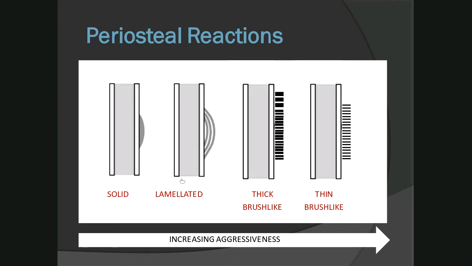So we're looking at something like a callus of a healing fracture, or a mature subperiosteal hematoma, or even healed osteomyelitis. Moving over to the right, the thick and thin brush-like reactions are moderately aggressive, and here we should think about things like osteomyelitis, Marie's disease secondary to Spirocerca lupi, or possibly neoplasia.